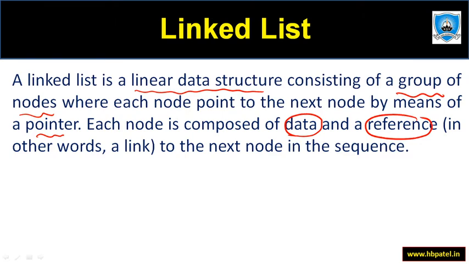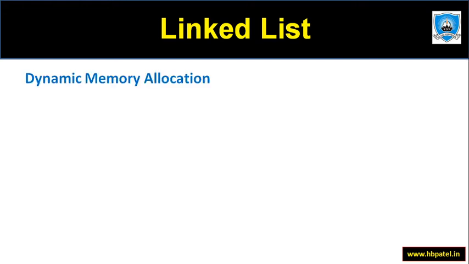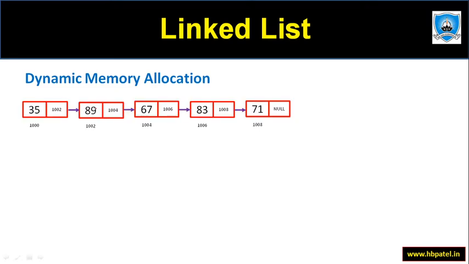So with this basic introduction or definition of linked list, let us now try to understand how we can create a linked list. In this case, let's start by defining dynamic memory allocation. You can see the same linked list has been created with some addresses. Let's say 1000 is the address of the very first node, then 1002, then 1003, then 1006.